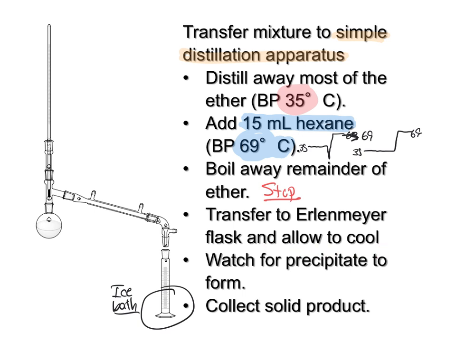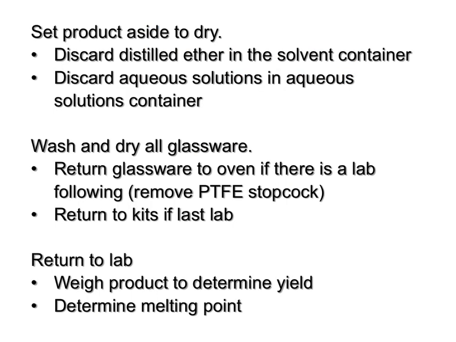The product is less soluble in hexane than it is in ether, so we hope with sitting that our product will precipitate out of the hexane solution. Then you'll collect your solid product by vacuum filtration. After you've isolated your product, set your product aside to dry.